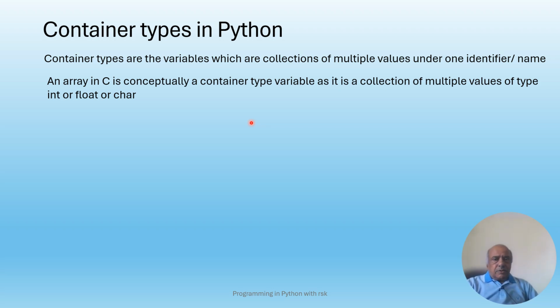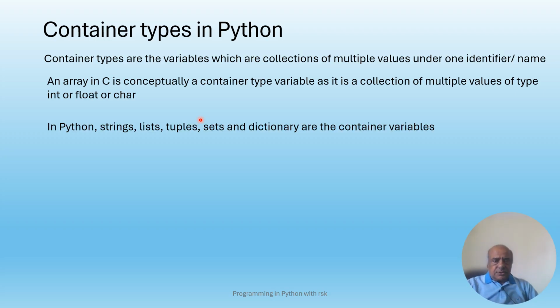An array is a collection of multiple values of one type only, int or float or char in C. In Python, all the containers can have multiple values of multiple types under one name.